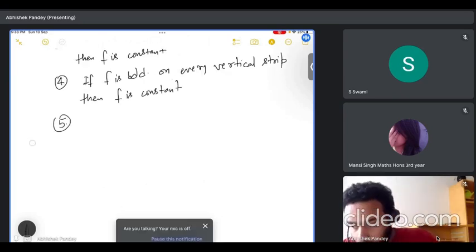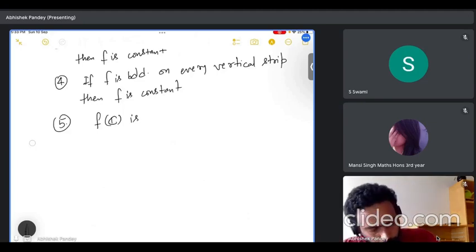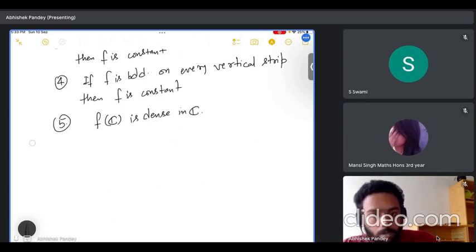Fifth option is, f(C) is dense in C. So I am audible, isn't it?